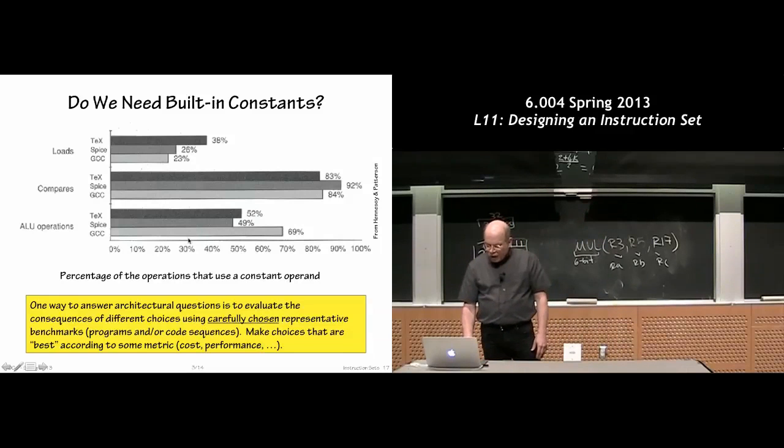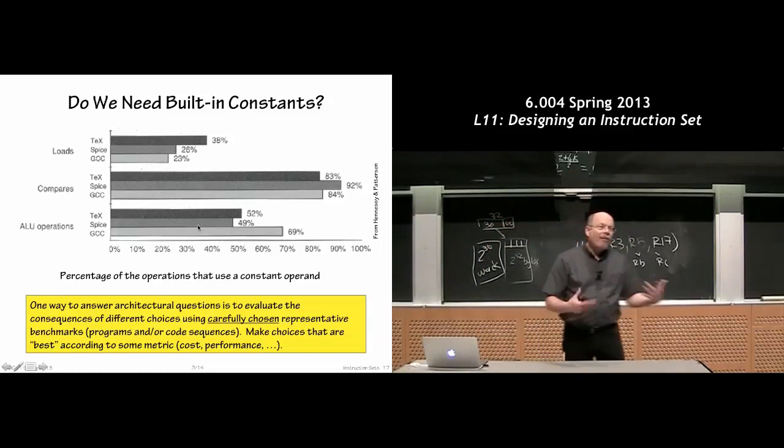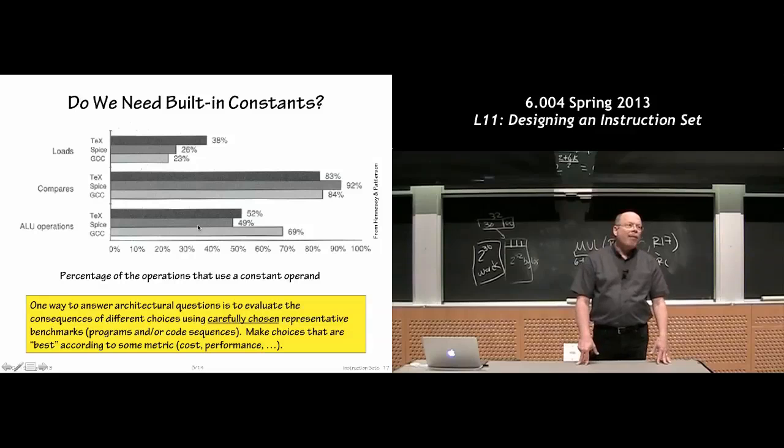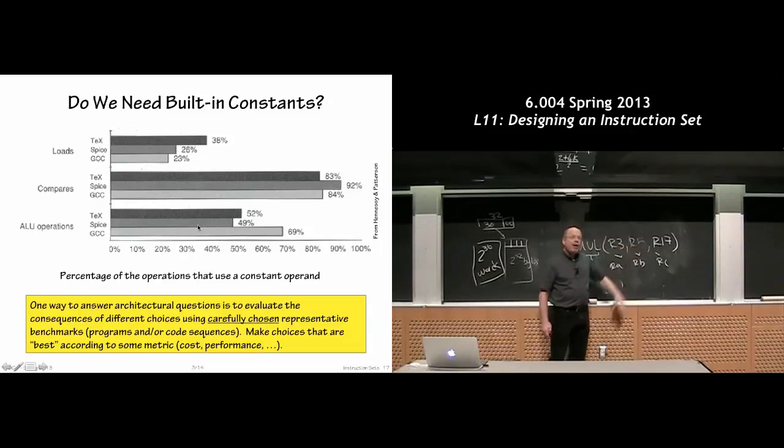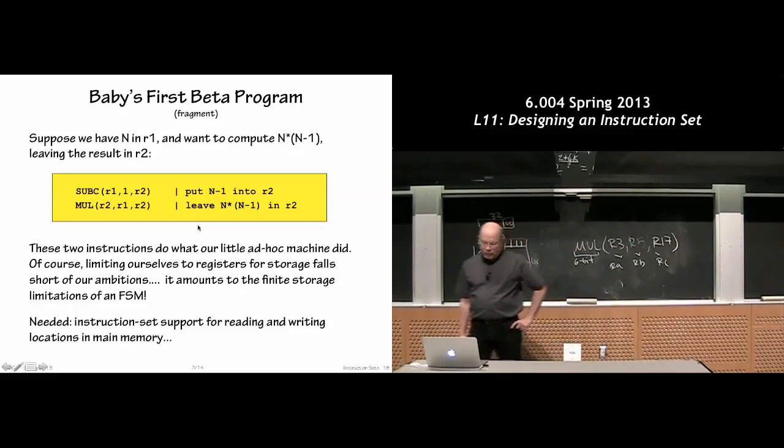Over about half the arithmetic operations, one of the operands is a small number. We'll talk about loads and stores in a second. So you can see that almost all the time, making a provision for integer constants as one of the two arithmetic operands is really quite useful. So this feature appears in almost every instruction set, the ability to encode constants as part of the instructions directly.